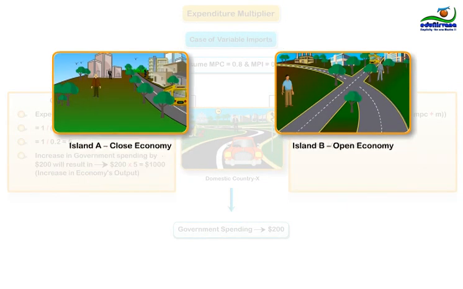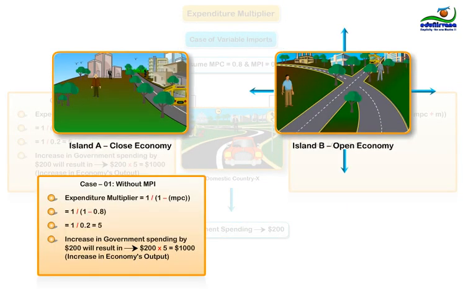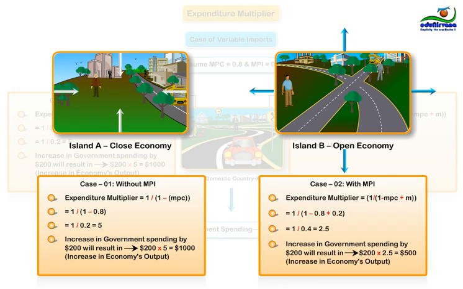So, if government expenditure rises by 200, output will rise by the multiplier times the rise in government expenditure, that is by 2.5 into 200, which results in 500. This is smaller than the increase in output in the earlier case.